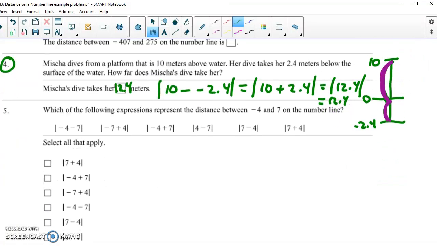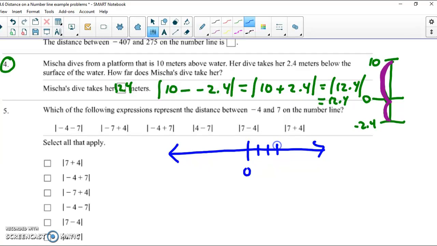All right, let's check out number 5. Which of the following expressions represent the distance between -4 and 7 on the number line? So let's think about first, what is the distance between -4 and 7 on the number line? All right, here I am at 0.